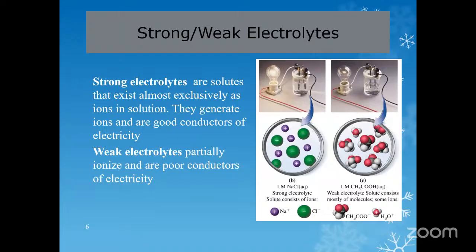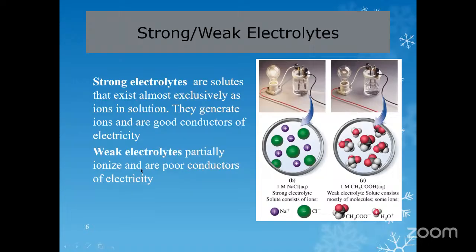Now, a second category of solution when it comes to electrical properties are solutions called strong electrolytes. In these solutions, you'll find that there's a high concentration of ions present. Because the ions flow freely through the solution, when you stick two electrodes in it and connect it to an external circuit, you'll have an electric current flowing.